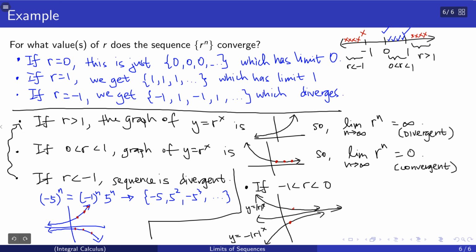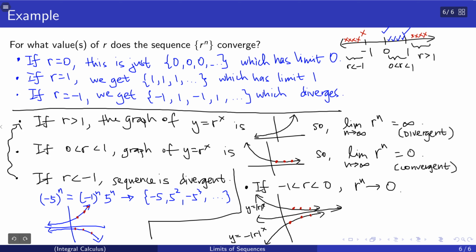And your points are still going to alternate because you have r negative, but in this case, it's actually going to 0. So it is convergent here.